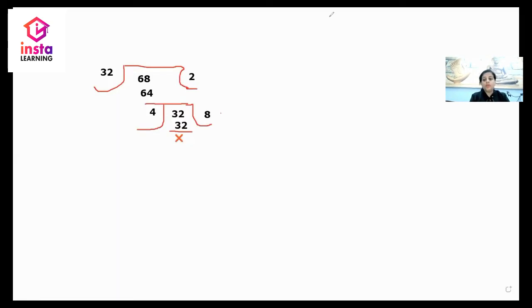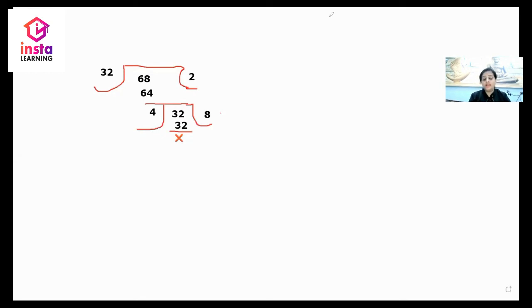Likewise, you have to do the division part. So in the division method, we will divide with 32. 32 will be the divisor and the big number will be the dividend. And then we will divide it. 32 twos are 64. 68 minus 64 is 4.